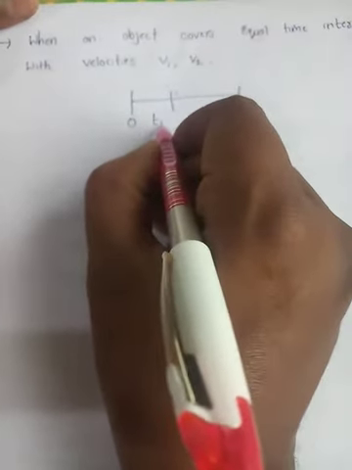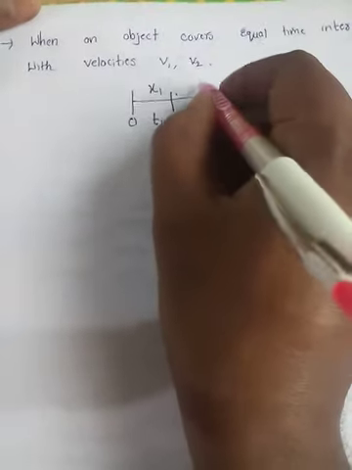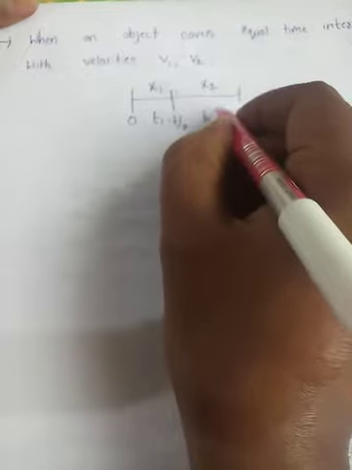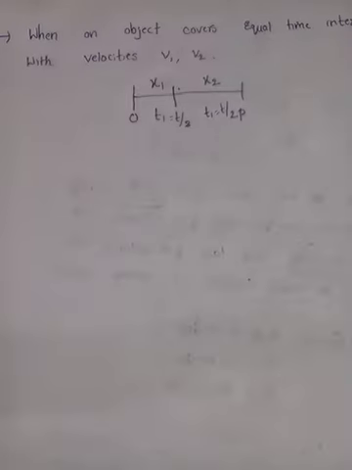So let us consider this is T1, it covers this distance, and the distance covered in time T1 is x1. In the next interval of time it covers more distance, the distance is x2. We don't know that distance, but we know that time is half of the total time. The first distance it travels with velocity v1 and the next distance with velocity v2.